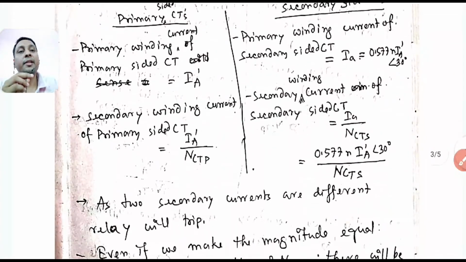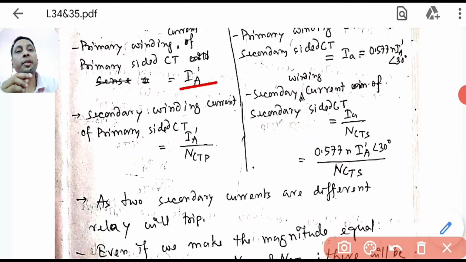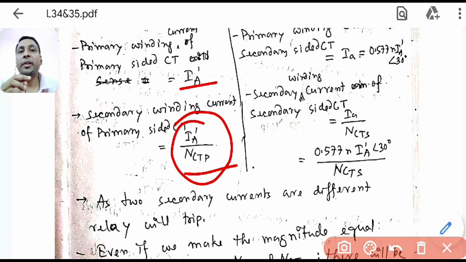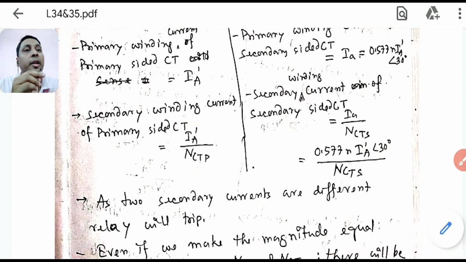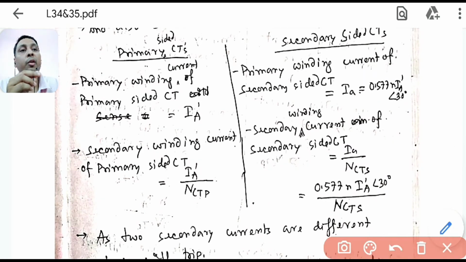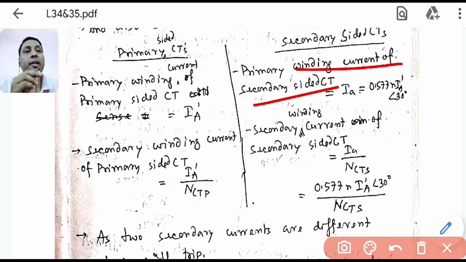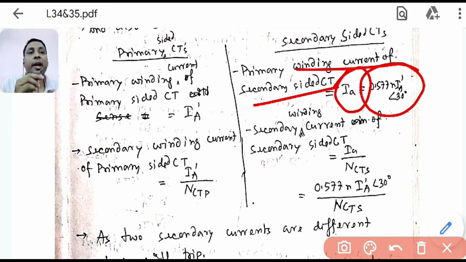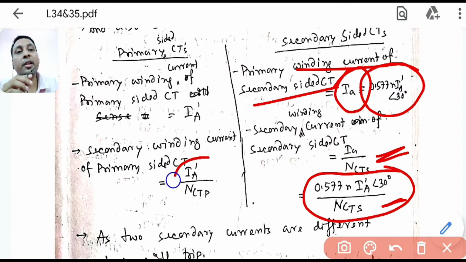So if the current is IA dash and your CT ratio is NCTP, then your secondary side current will be IA dash divided by NCTP. That's okay. Now what is the primary winding of the secondary side CT sensing? It is small IA, which I have seen is 0.577 times this one, divided by NCTS. So both CT secondaries give you these two currents.